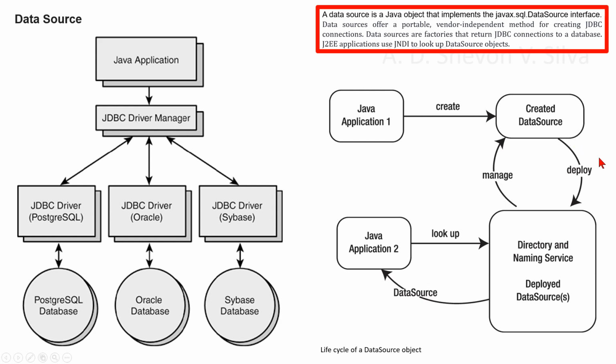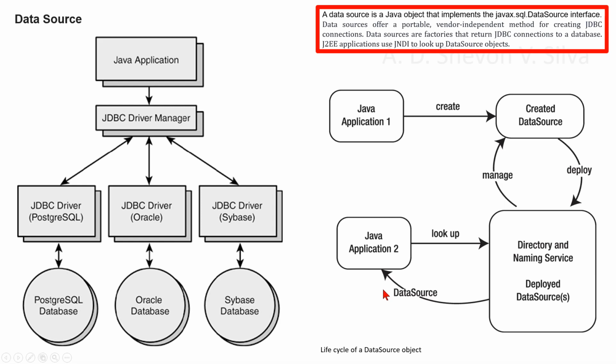For example, JDBC 2 introduced the DataSource interface that eliminates connection URLs and driver names in your Java applications. DataSource enables you to register, using JNDI naming, instances of the data source with a unique name. Then another application can retrieve the registered data source using the unique name.